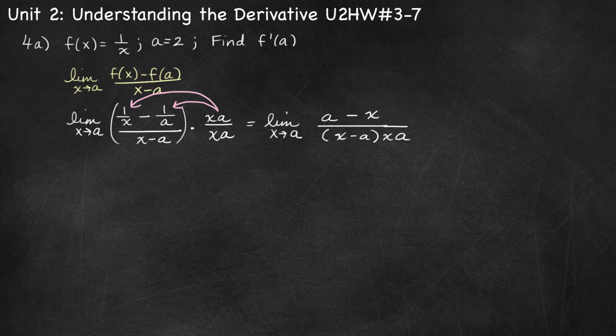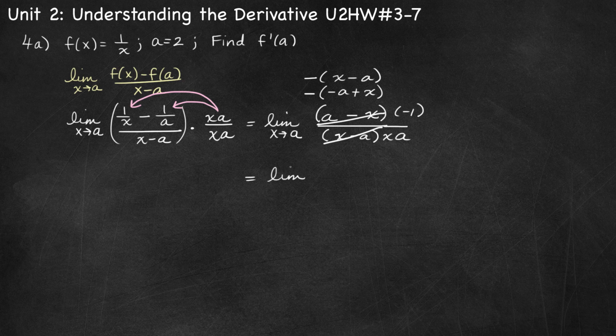Well, a minus x and x minus a, those are just opposites. So if you divide a minus x by x minus a, you're left with just a negative 1. Or another way of thinking about that is I can factor out a negative 1, and then I would have negative a plus x, which is the same as x minus a. Okay, so I can cancel the a minus x with the x minus a as long as I leave behind a negative 1 there.